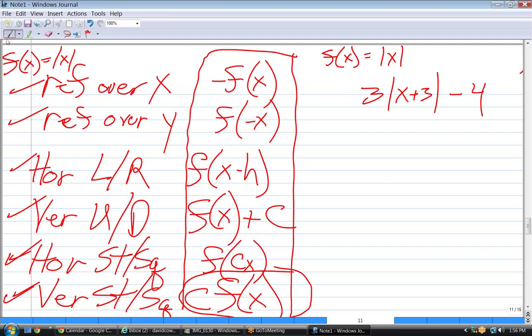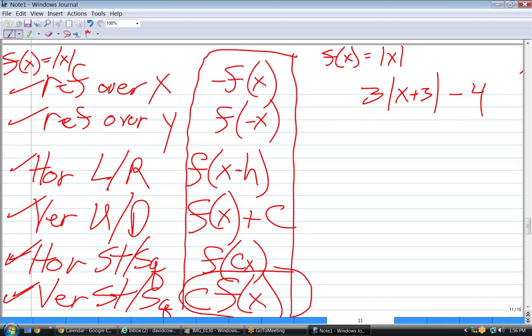So if the elementary function is absolute value of x, what's being done to it? We have three things. We have this, we have that, and we have this. What does each of those mean? We have horizontal left and right. Which way? Right. Remember, a positive h means right.